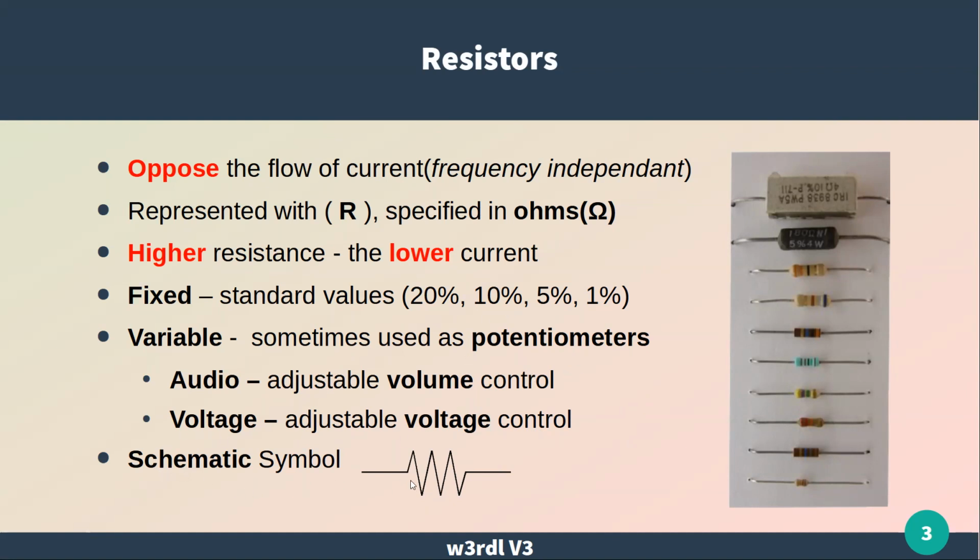The symbol that you see on a schematic for a resistor is this jagged line. There's usually 3 of them. And this over here is a picture of normal resistors, from power resistors on down to some of the very small, like 1/4 watt and so on.